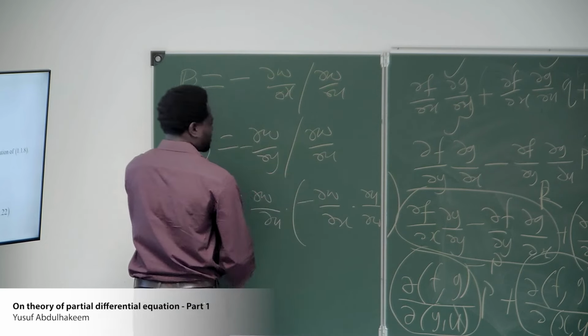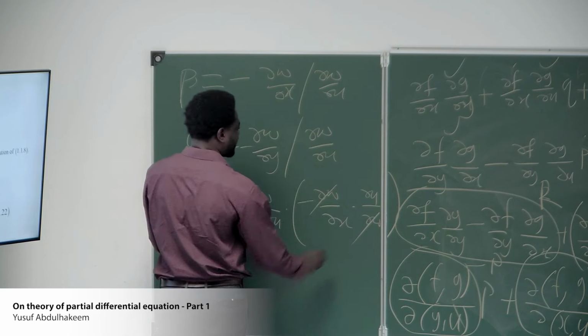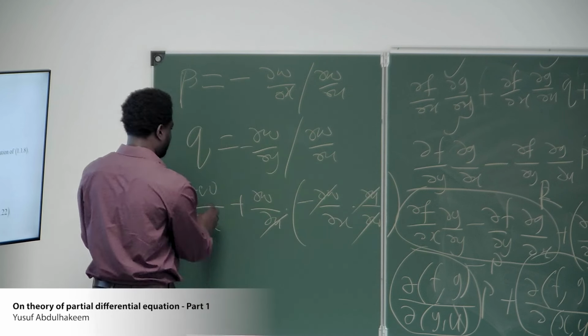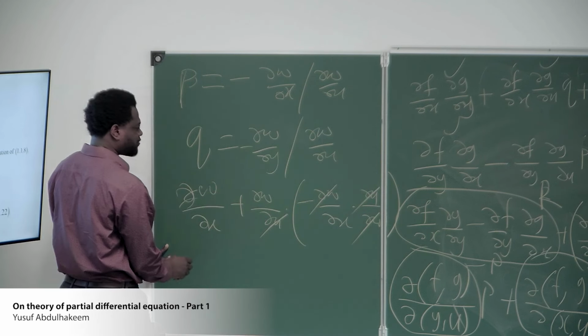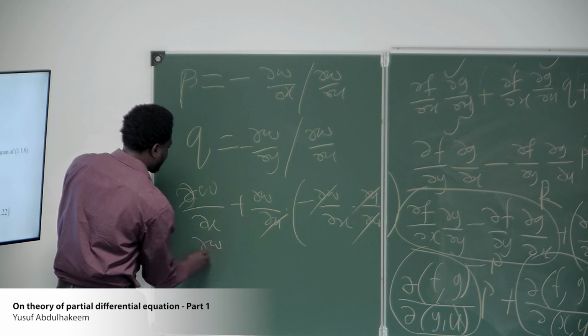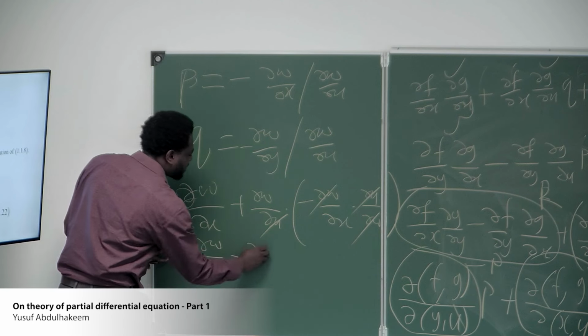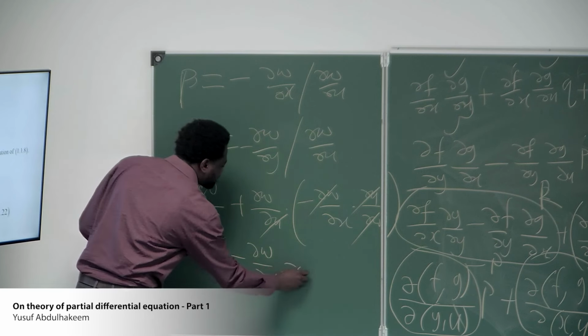By the time we do this, we know this will cancel this, and this will surely go with this. Then you can see clearly that what we are left with is ∂ω/∂x minus ∂ω/∂x, which is equal to 0.